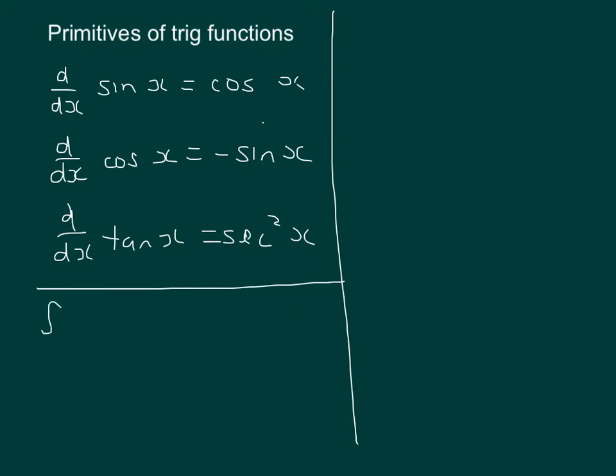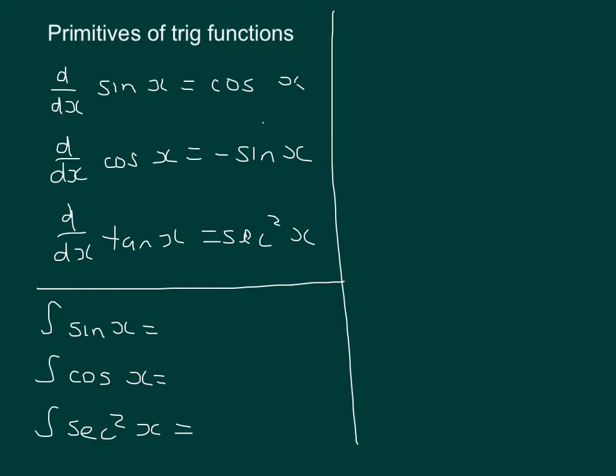So if I'm looking for the integral of sine x, the integral of cos x, and the integral of sec squared x. So have a look here, the integral of sine. So where is sine a derivative? Well, sine's a derivative here, but there's a minus.